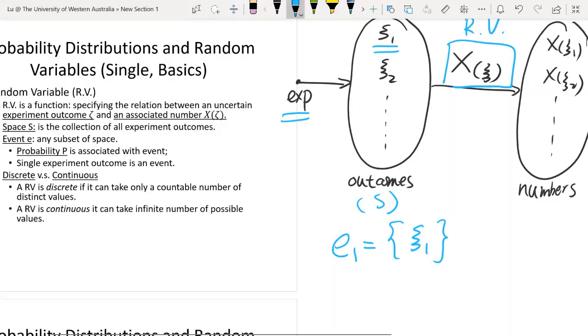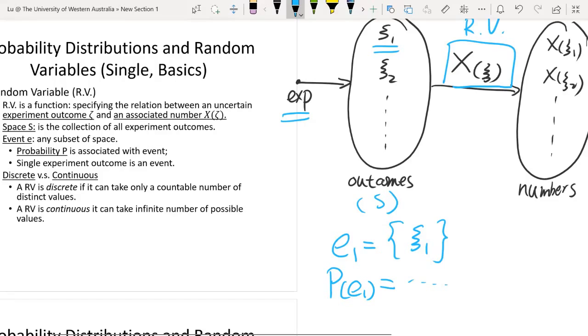Please also be reminded that all the events must have a probability associated with them. So in other words, we use this way to denote the probability associated with E1. Of course, depending on the experiment, the result will be different, and the probability will be different. So we just give the notation here.